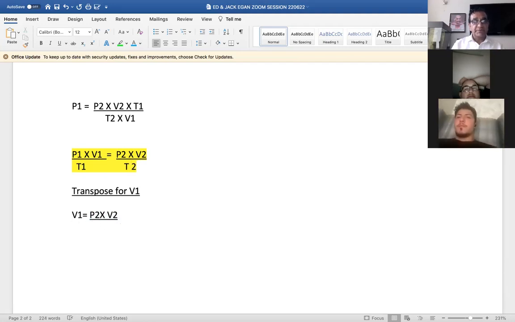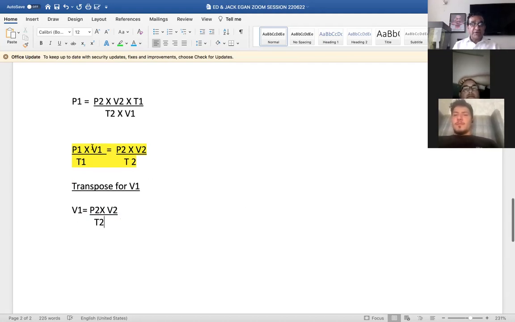So P2 times V2 over T2, that remains the same. And now what we're saying is we're trying to find V1. So we've got to get rid of this P1 and T1. So P1 will move to the bottom and T1 to the top. T1 to the top.